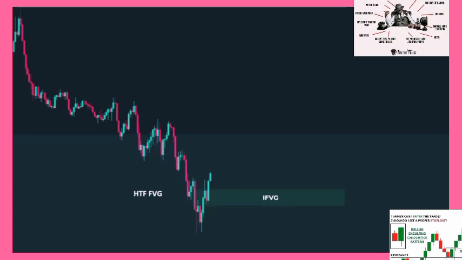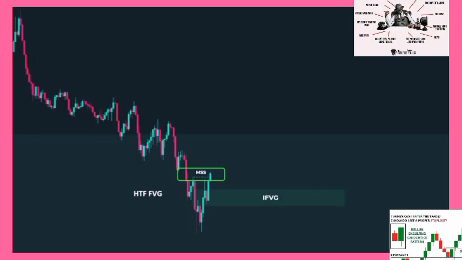When this inversion fair value gap forms, it often acts as a new support zone, and that's the area where you look to open your position. If a market structure shift also occurs at the same time, that adds another powerful layer of confluence, making the setup even stronger.